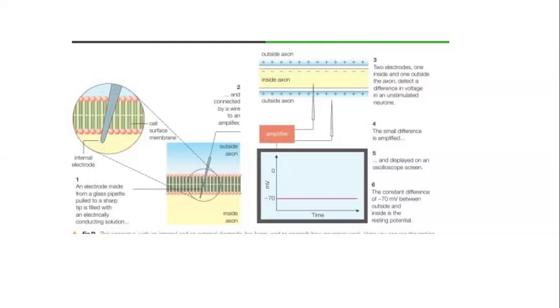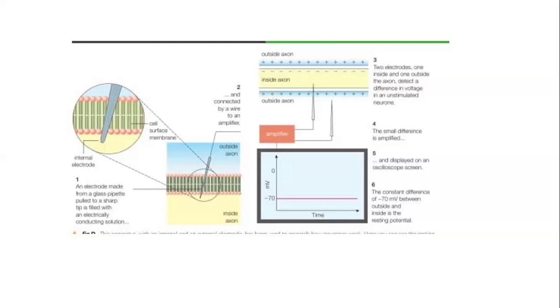Why across the membrane? You have learned about the cell membrane structure in AS, right? They have given here the neuronal membrane, the axon membrane. Here you can see the electrode: part of it is inside, intracellular, and the other part is outside, extracellular.